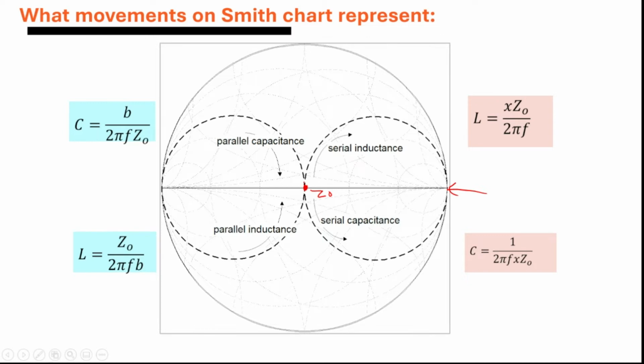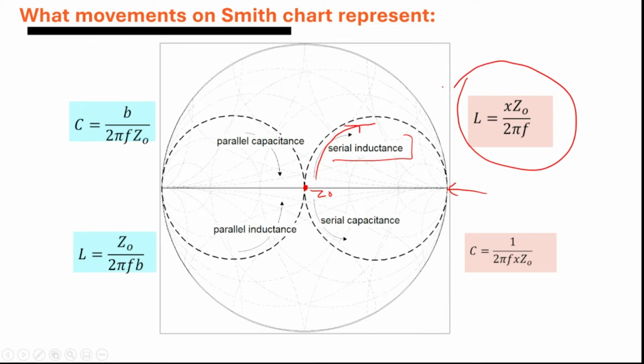If we move in a clockwise movement on the Z Smith chart, that means we are adding series inductance to our L network, and to find the inductance we're going to use this equation.